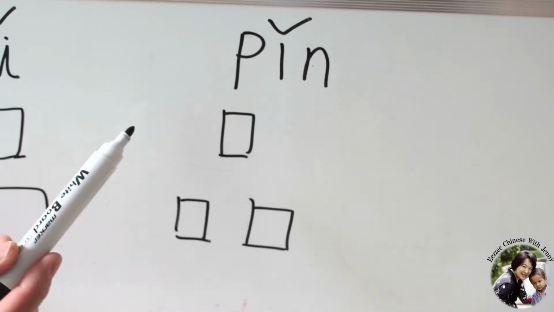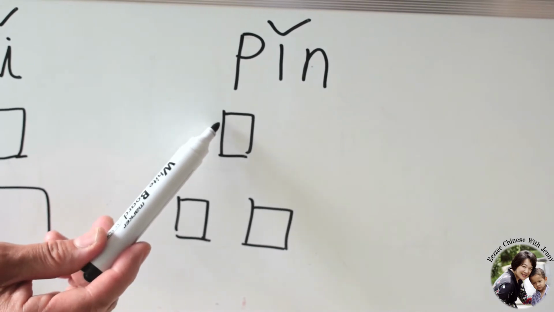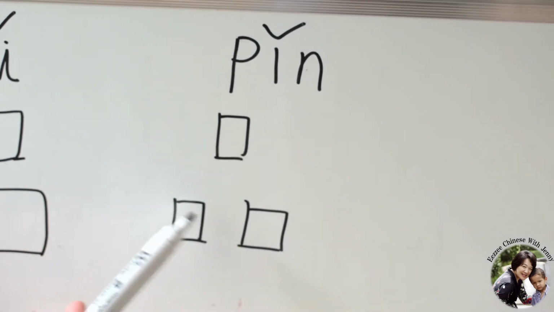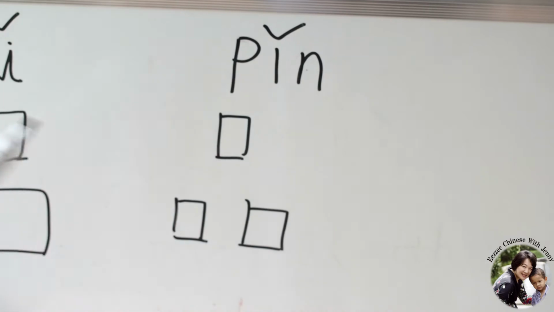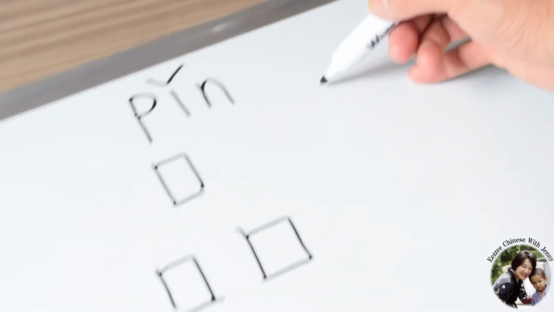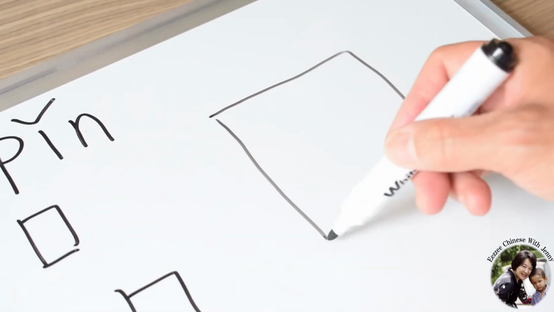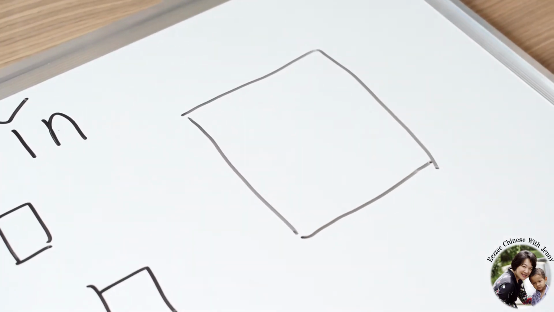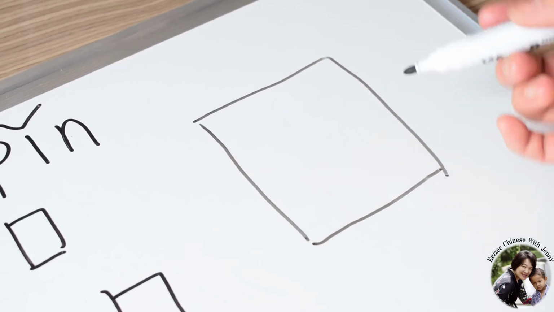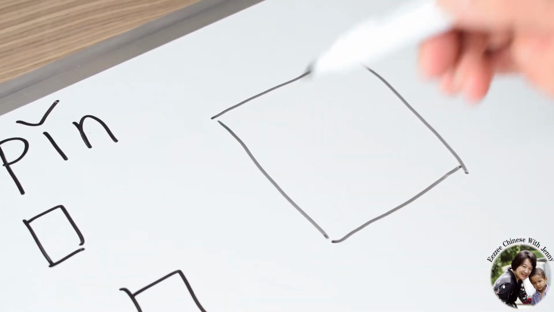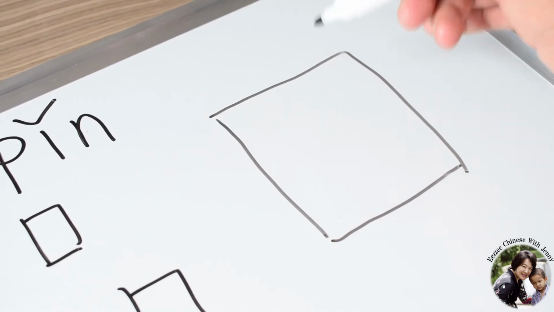This one, if you write it, remember always write from top to down, from left to right. Remember to write within the same size of square as for any Chinese character. So how do you write the three mouths together? Each one is a bit smaller.